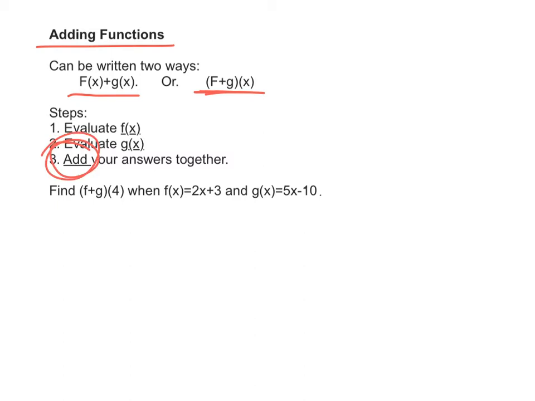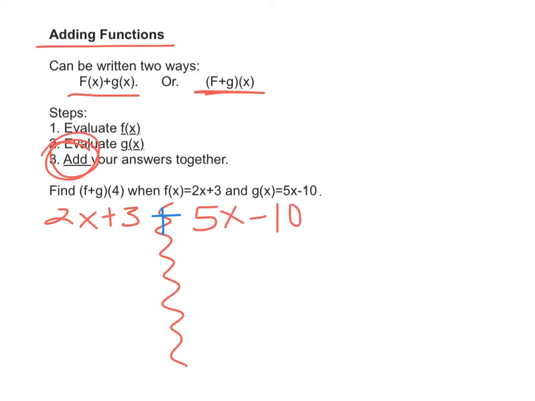For example, find f plus g of 4, which means I want to add the functions f and g together when I plug 4 in. So for f of x, I'll have 2x plus 3, and then I'm going to add g of x, which is 5x minus 10.